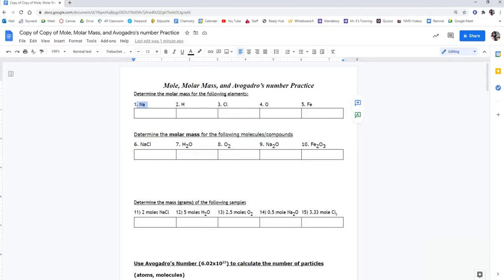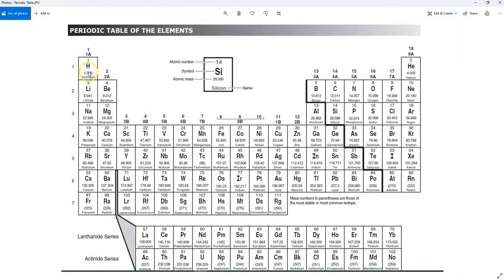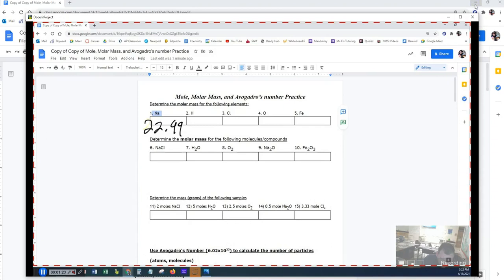So 22.99. If I look on the periodic table and find hydrogen, hydrogen's right here, and as you can see, it's 1.008.